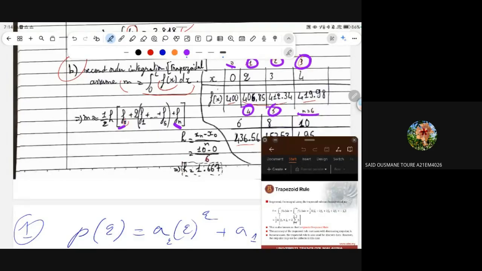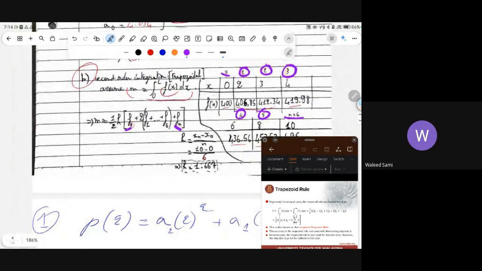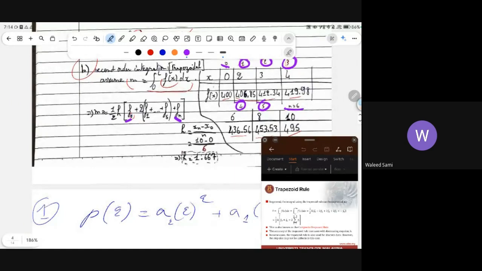You don't multiply 406 times 412 and so on. You add F1 and the rest, add them all, then multiply by 2. After we have that value, we add f of 0 and f of 6, and then multiply with h over 2.